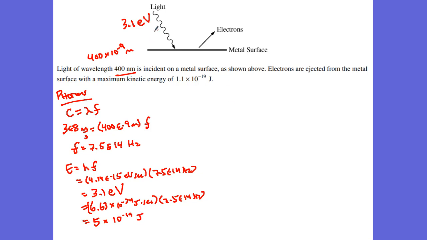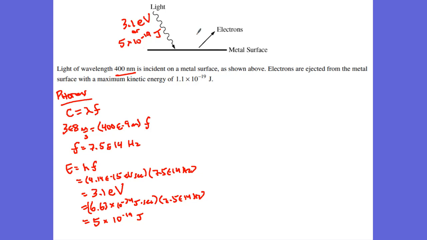So this 400 nanometer light has 3.1 electron volts, or you could say 5 times 10 to the negative 19 joules. I hope you can see why we use electron volts, because 3.1 is an easier number to use than 5 times 10 to the negative 19th. Okay, so that's why we use electron volts.